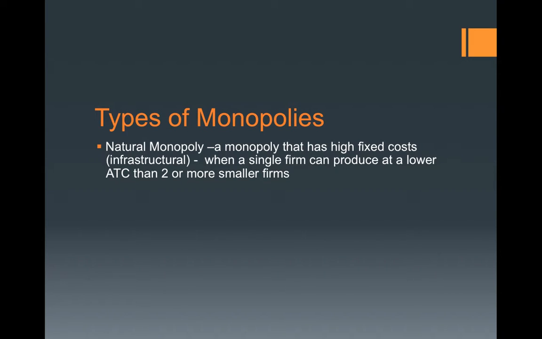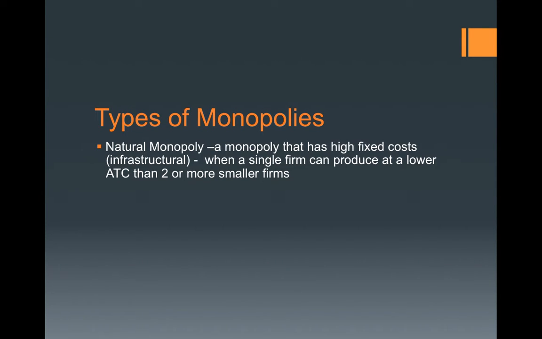So there's something called a natural monopoly. And generally, we want you to write two things down about this. One, that it's a monopoly that has very, very high fixed costs. When we think about, for example, a telephone company, the cost of building all of the different telephone poles and hanging wires from those telephone poles is very, very expensive. So they have very high fixed costs.